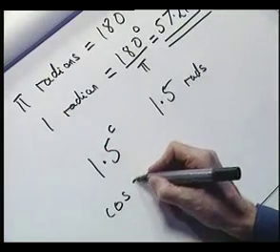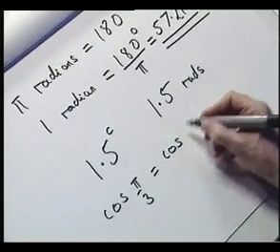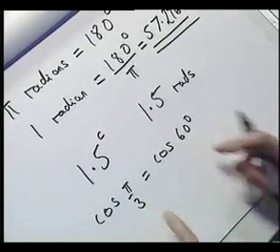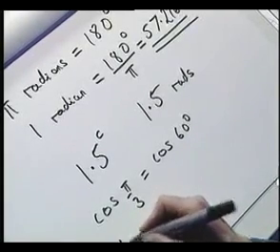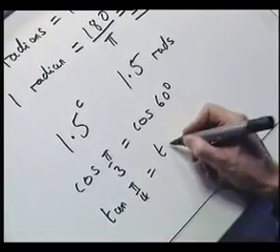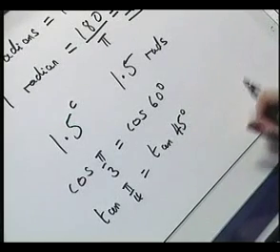What we've done does not affect trig ratios. So, for instance, the cosine of pi by 3 is exactly the same as the cosine of 60 degrees, because the two angles are the same. The tangent of pi by 4 is exactly the same as the tangent of 45 degrees.